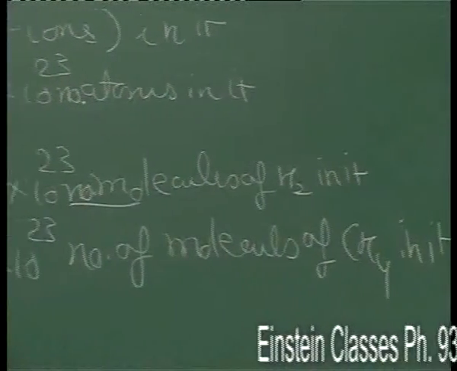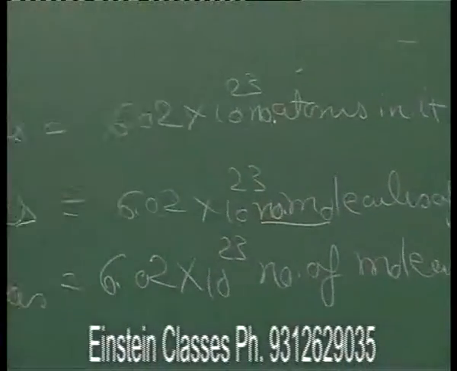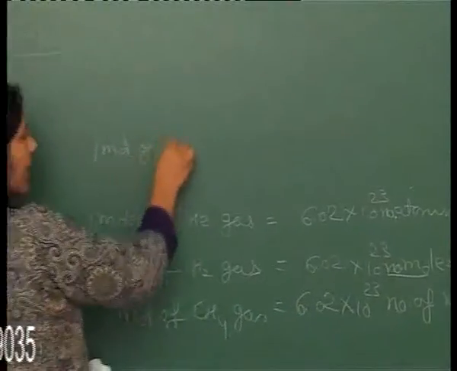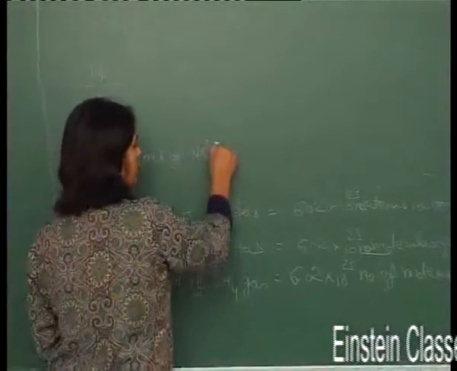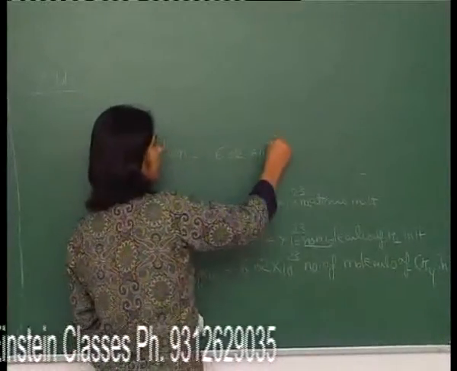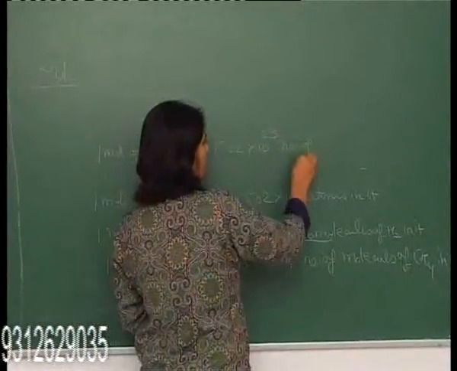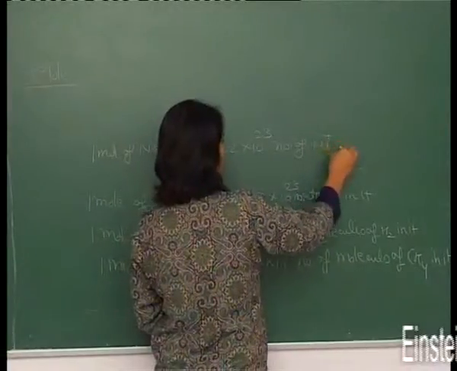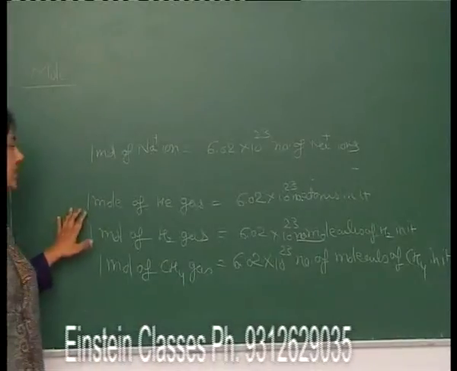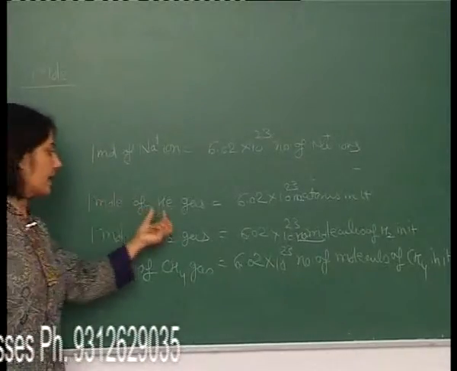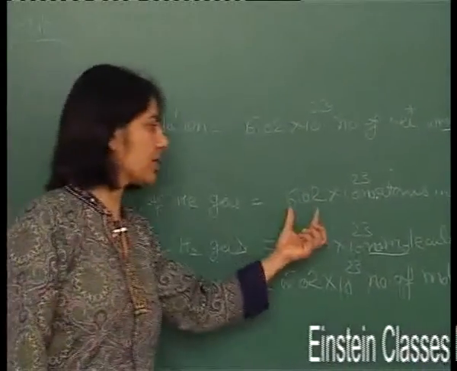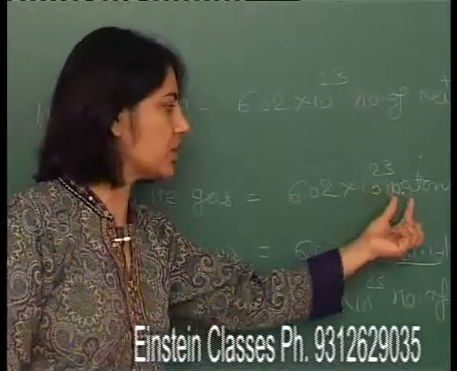And if we take in a container ion, like 1 mole of Na+ ion, it means 6.02 × 10^23 Na+ ions are present. So that means if we take 1 mole of atoms, what is the number? 1 mole means 6.02 × 10^23.